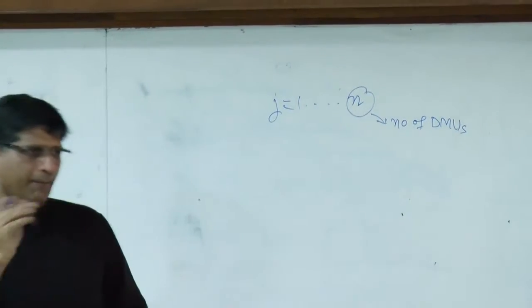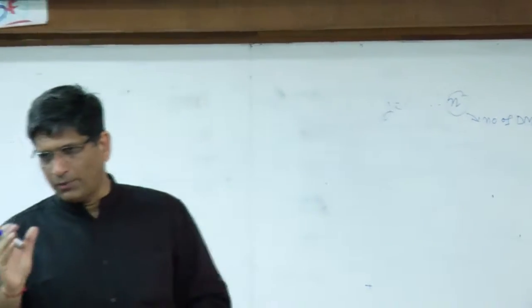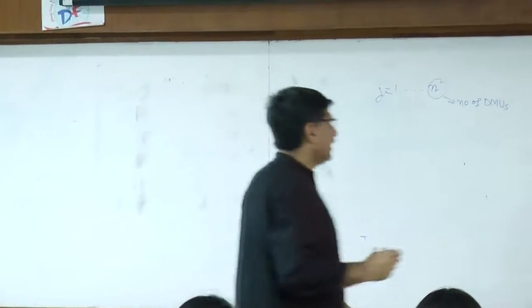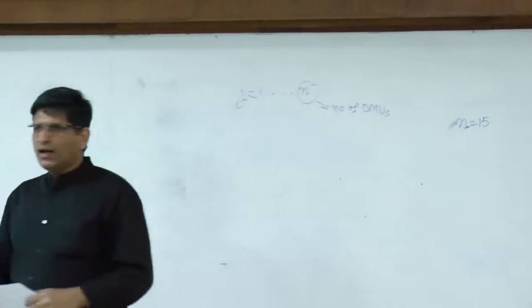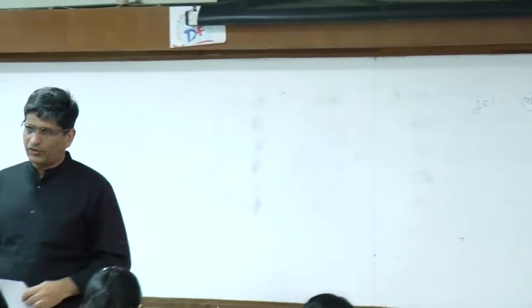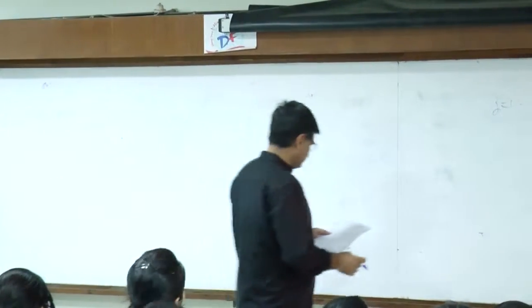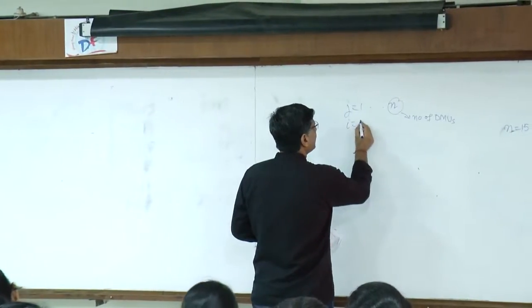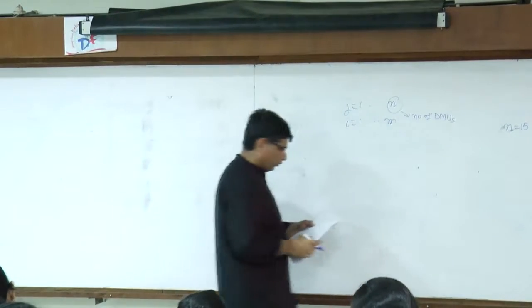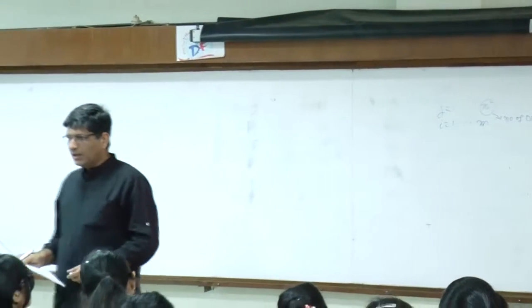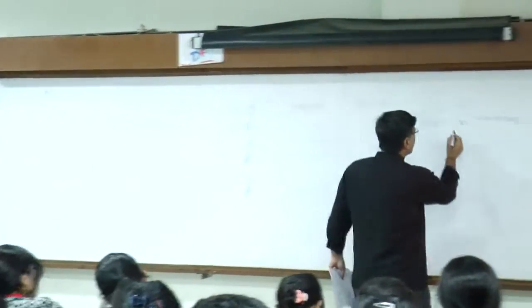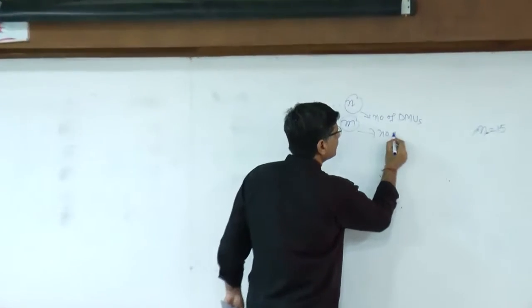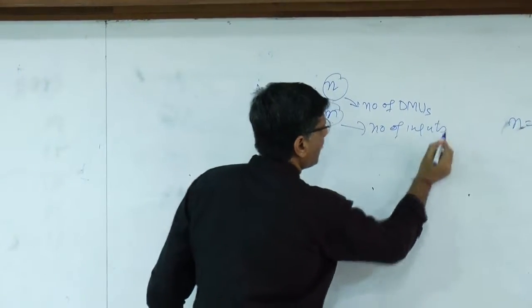Let's suppose in a sample of 15 DMUs, what would be the n? n will be 15. Then I will use the index i. i varies from 1 to m, and m is the number of inputs.